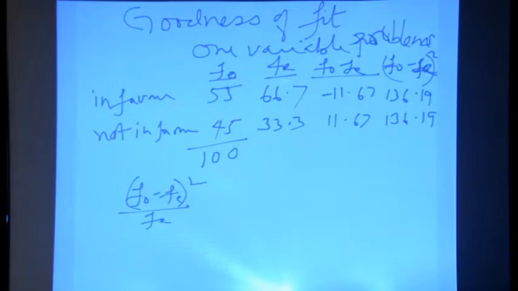So, when you divide by FE, you get the two numbers. In favor it will be 3.682, and not in favor will also be the same, because it is the same number, FO this one divided by 33.3. So, I divided it wrong, I wrote the wrong numbers. Let me change the numbers here.